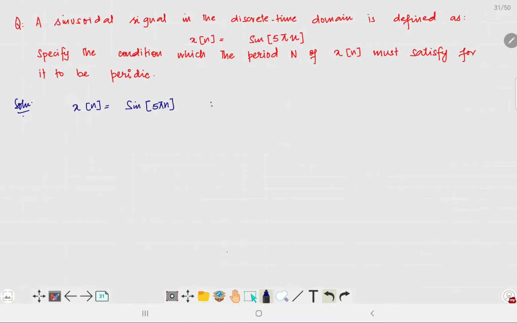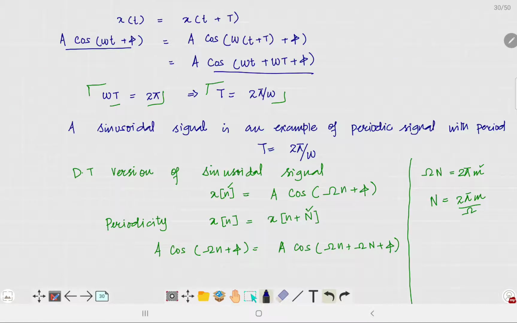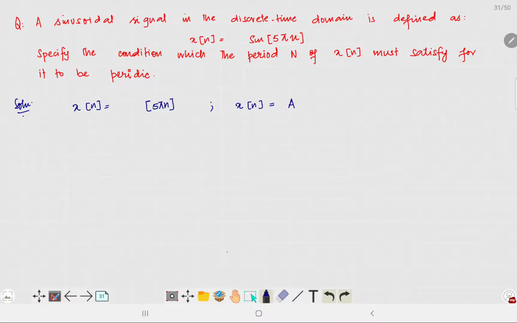Let's compare it with the general form of a sinusoidal signal which we did. Just to avoid confusion, although it doesn't make much of a difference, instead of sine I will put cosine, because the general description in the last video was in terms of cos.